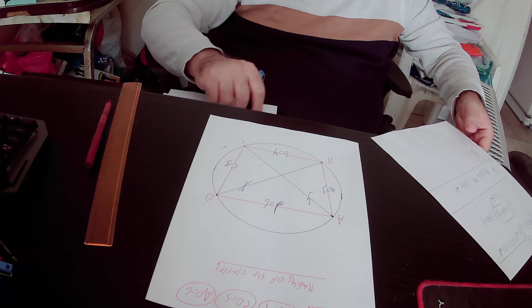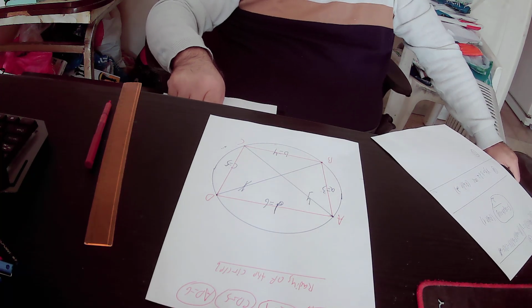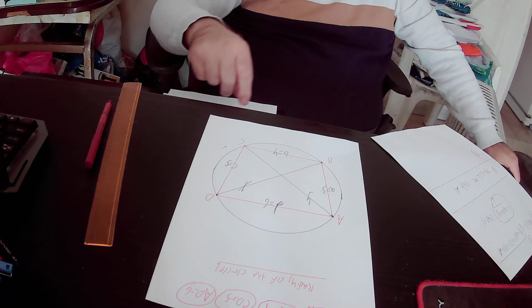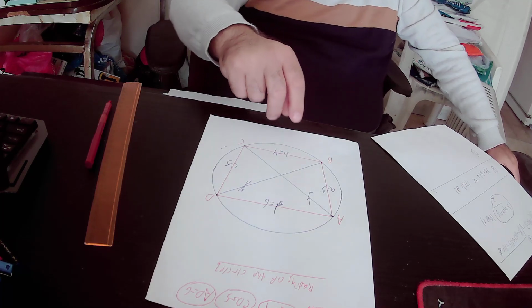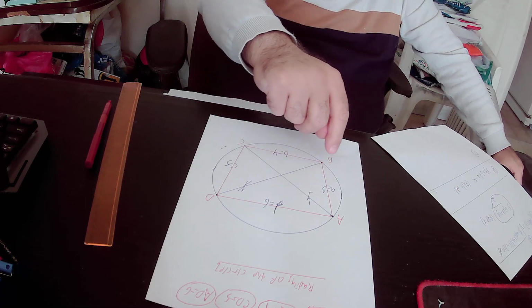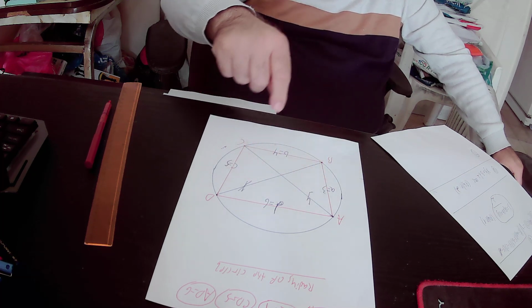So if you relate to triangle ABC, triangle ABC is inscribed by this blue circle.